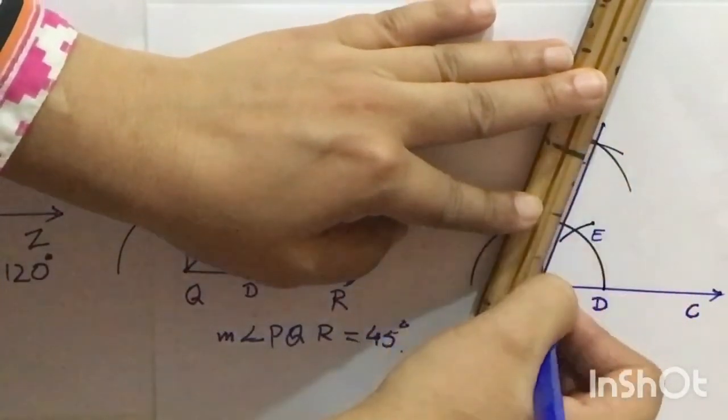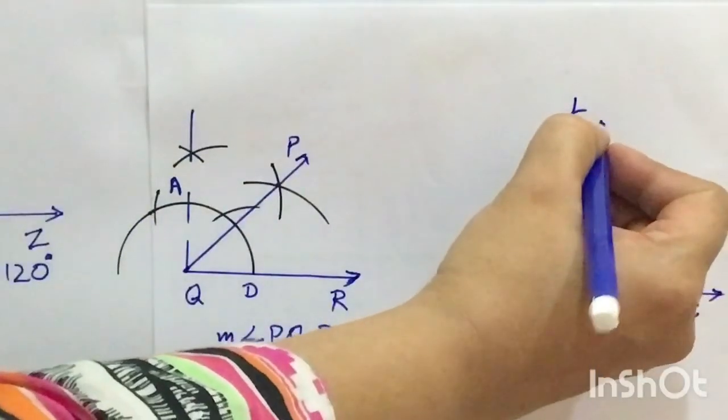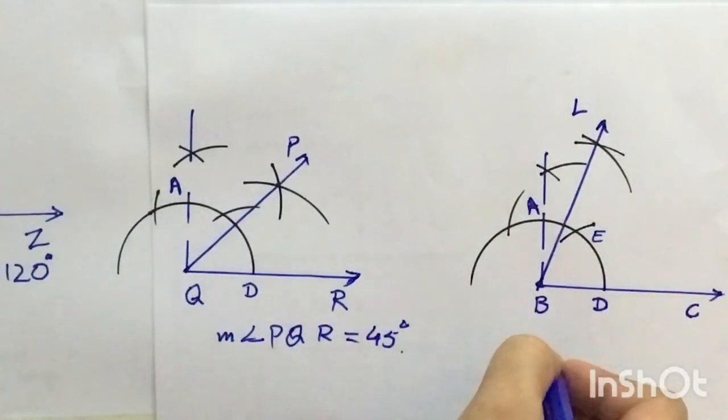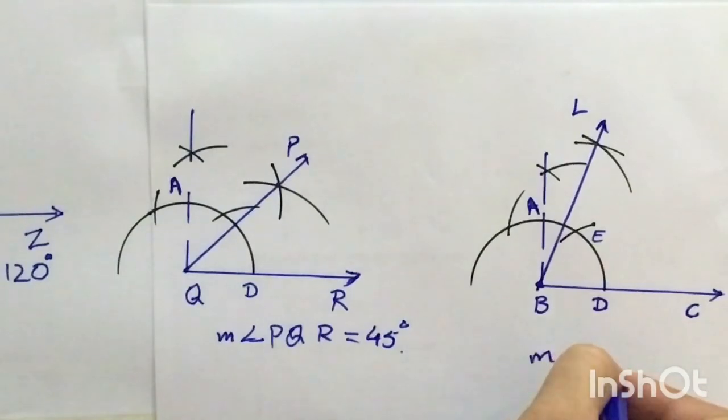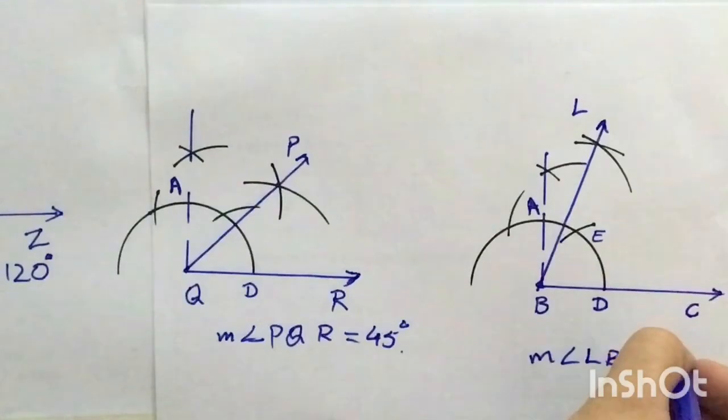Joining L to P, we get the measurement of angle LBC equal to 75 degrees.